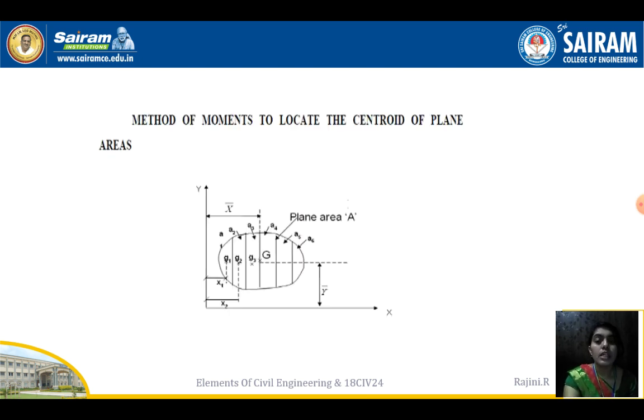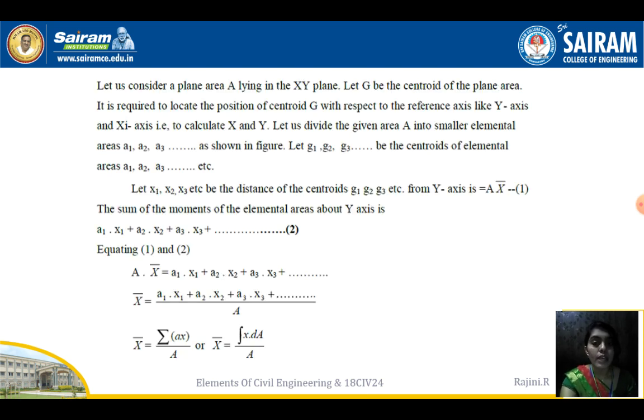Capital A means the whole area multiplied with the distance x bar. For small areas you have small distances, A1 for A1 x1, A2 x2, but for the big area A you have x bar.